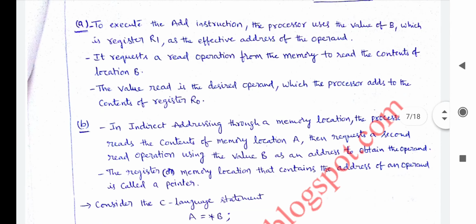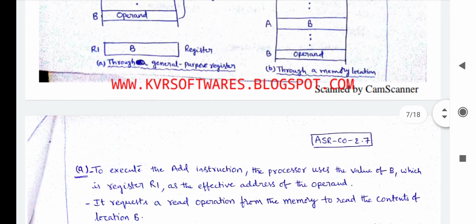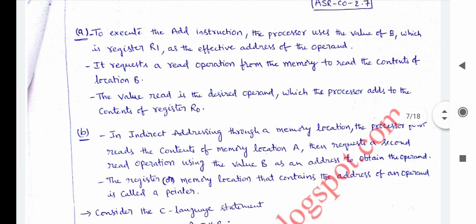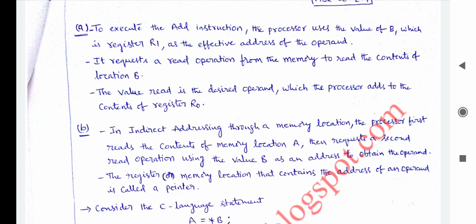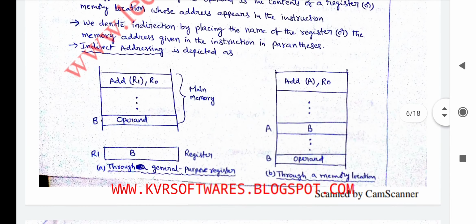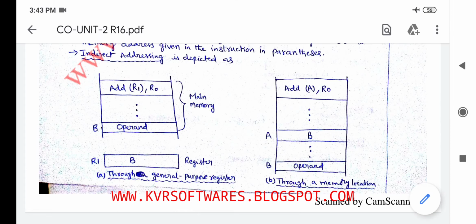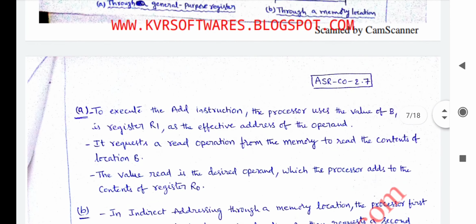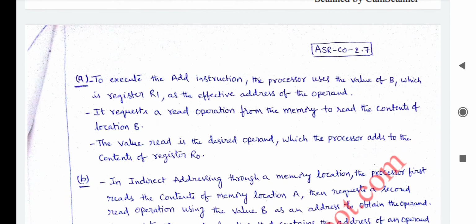To execute the add instruction in case A, the processor uses the value B, which is in register R1. R1 contains B, and the processor uses it as the effective address of the operand.